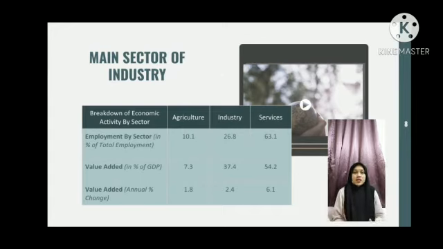Furthermore, the service sector employs the majority of the population, 63.1% in 2020, and accounts for 54.2% of GDP, which is due mainly to healthcare services, transport, distributive trade, and tourism.